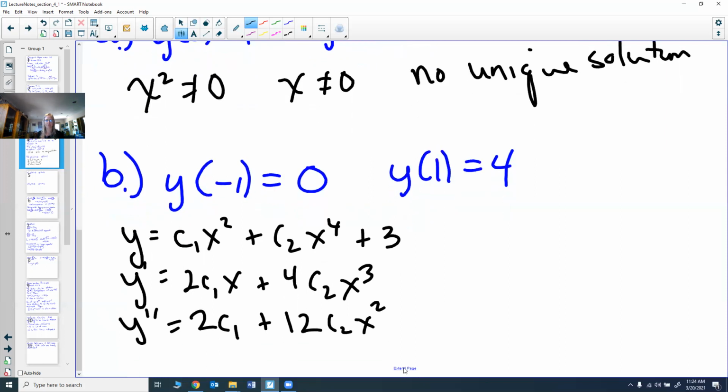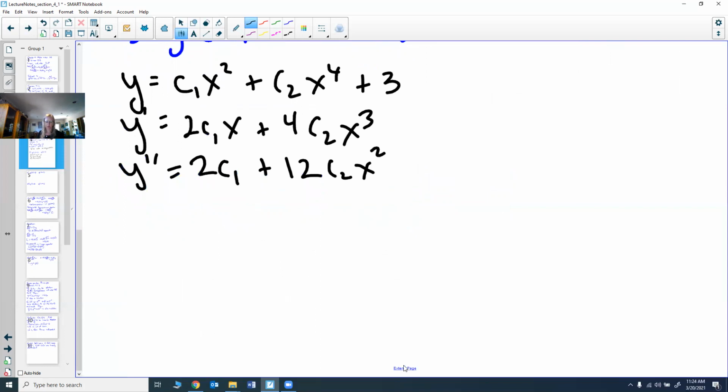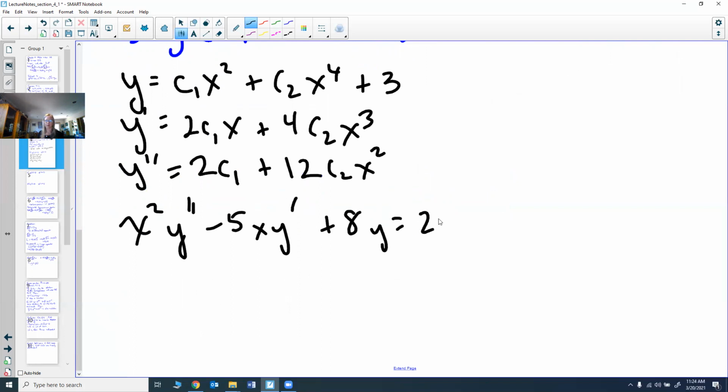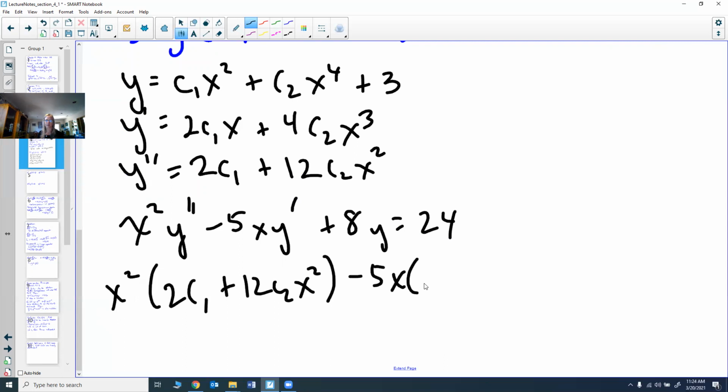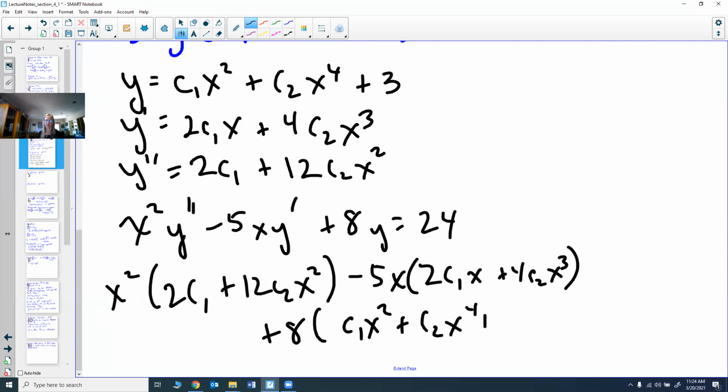And so now the question is, does this actually satisfy the differential equation? So remember, my differential equation was x squared y double prime minus 5x y prime plus 8y equals 24. So plugging those in, we're going to have x squared times (2c1 plus 12c2x squared) minus 5x times (2c1x plus 4c2x cubed) plus 8 times (c1x squared plus c2x to the fourth plus 3).